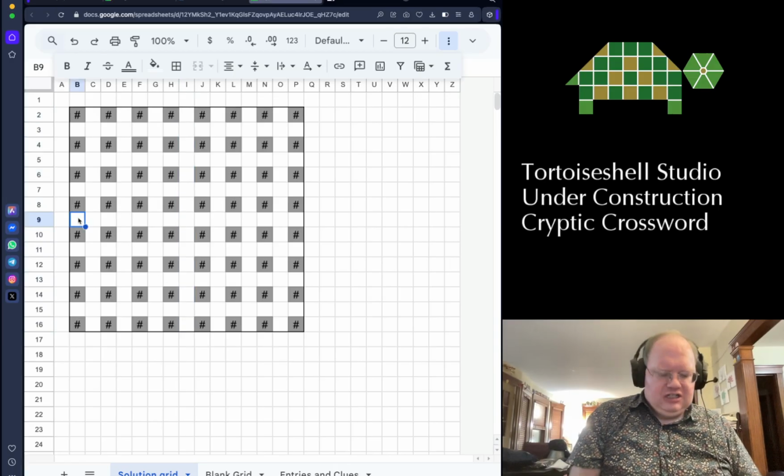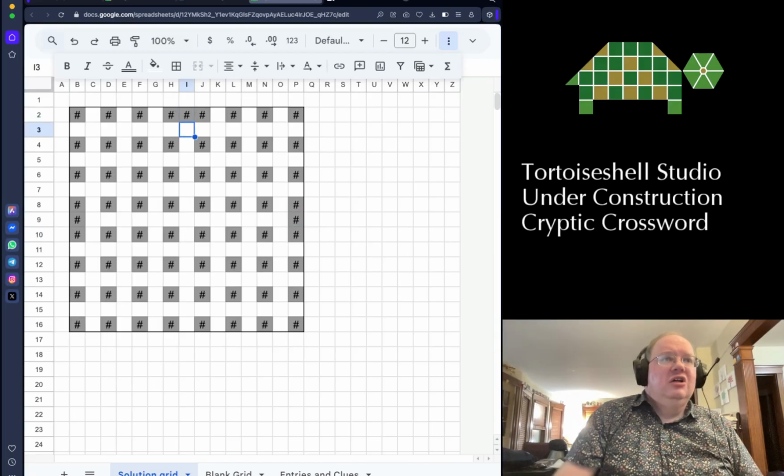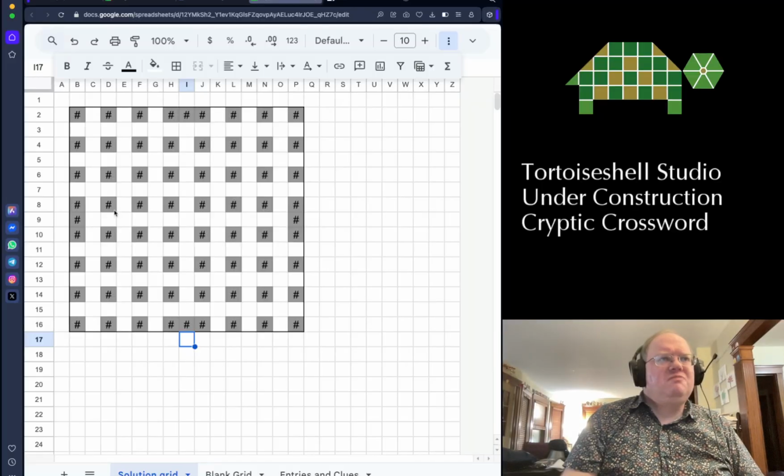In order to not have them underchecked, we would need to introduce things here and here. And then we just put in some squares elsewhere.